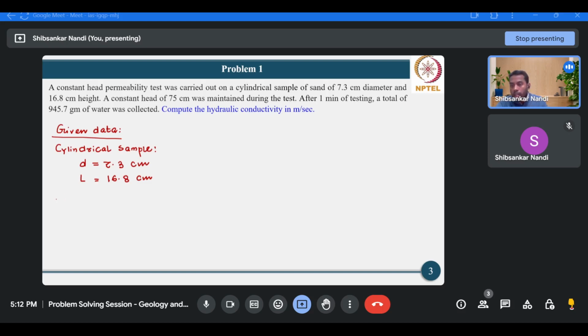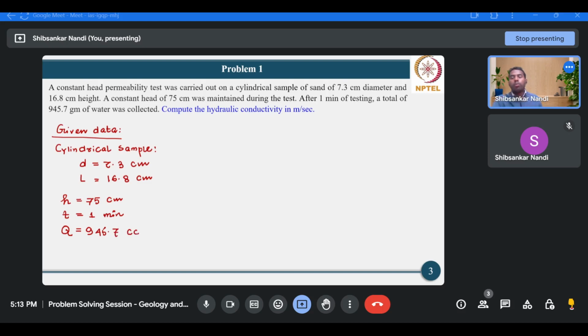So next we'll note down the constant head. If we mention it as H, this is 75 centimeter, and the time of testing is 1 minute, and the water which is collected we'll write in terms of volume, so it will be 945.7 cc.